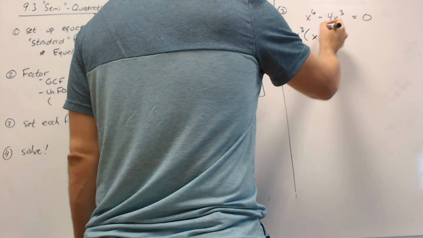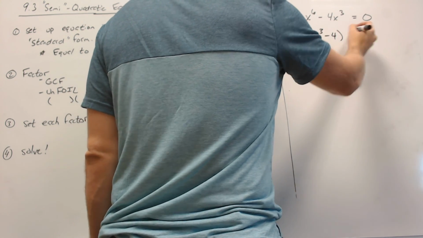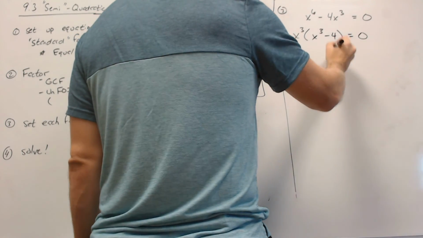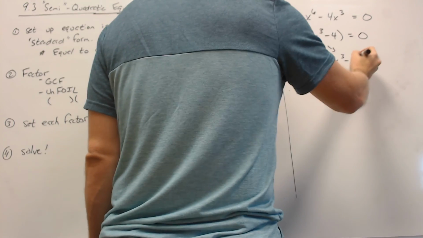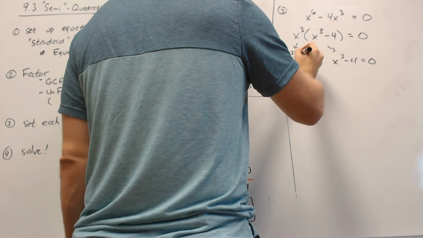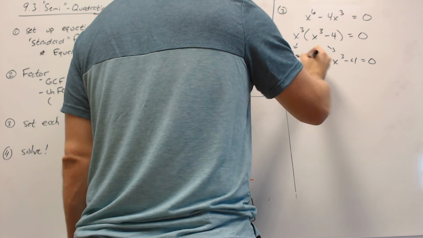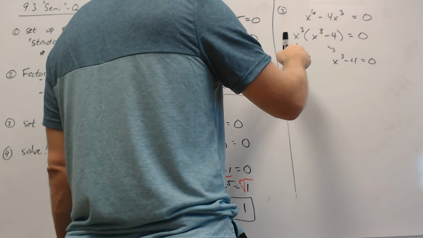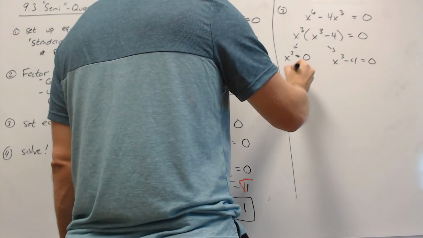And that'll leave us with x cubed minus 4. And we can set each one equal to 0 and solve each one. Well, the only thing that I can cube to get 0 is 0.